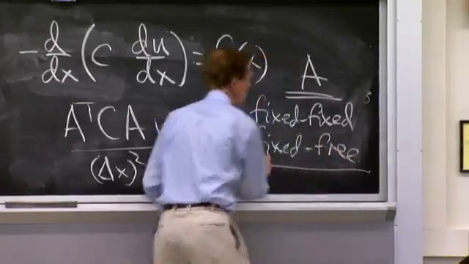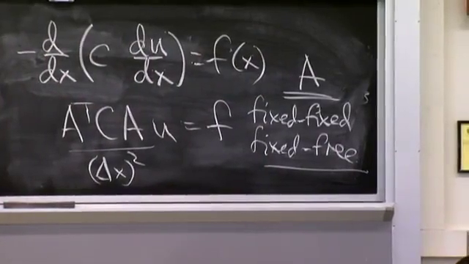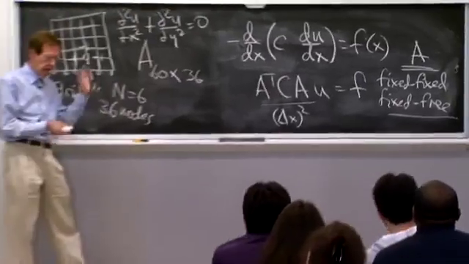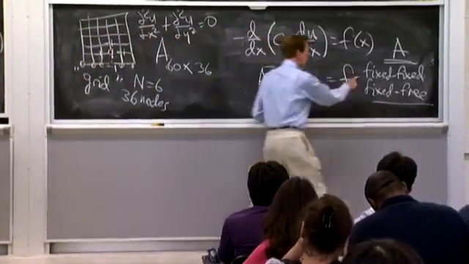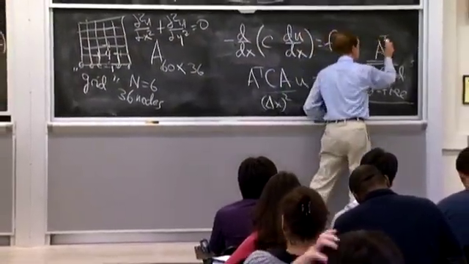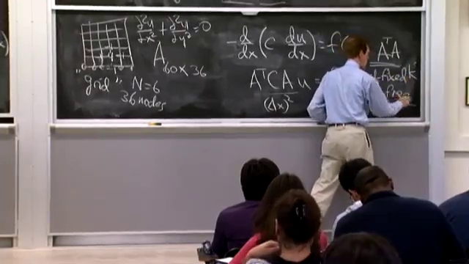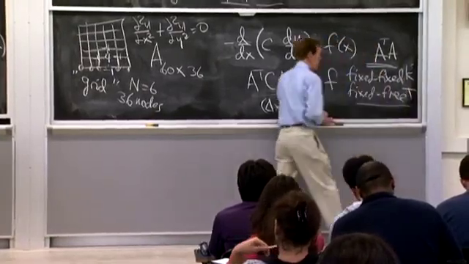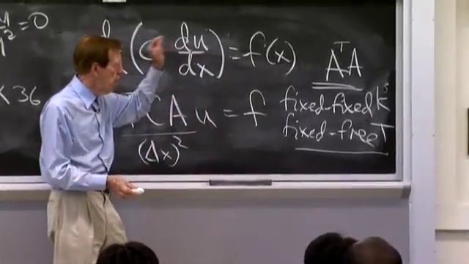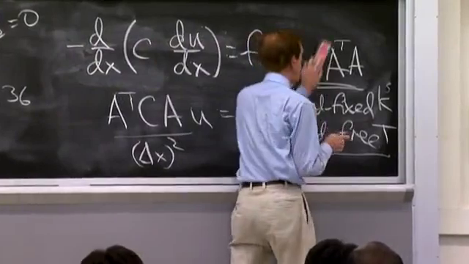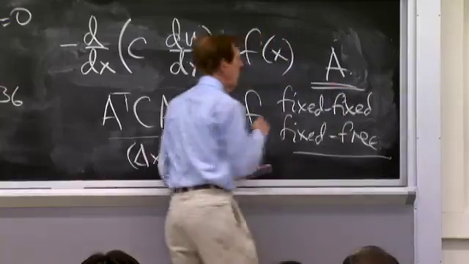This is what we were doing at the very beginning of the course. So A is a first difference matrix, and A transpose A will be the second difference. If I was doing A transpose A, then the answer here would be the matrix K, and the answer here would be the matrix T, depending which end is free, but we'd have one change. That's A transpose A. But now think about the A that it came from.